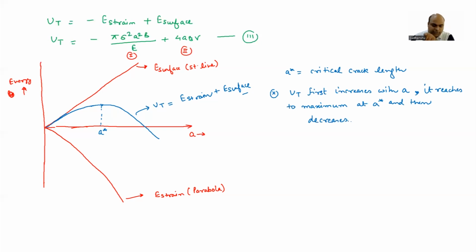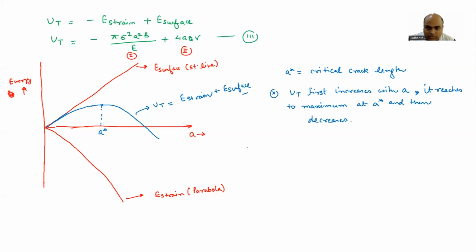Right? That is what you can clearly see. This also means that the crack is going to grow spontaneously as soon as its size becomes A star. And that's why this crack length is called critical crack length.